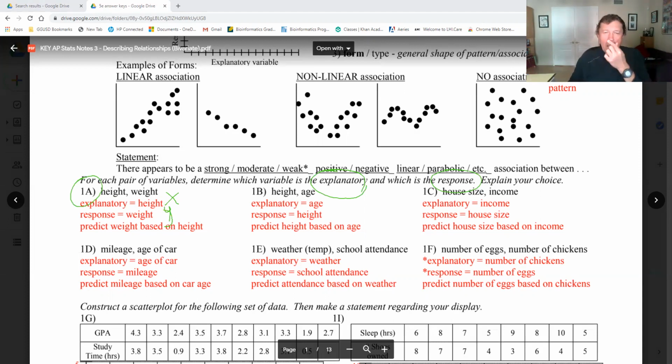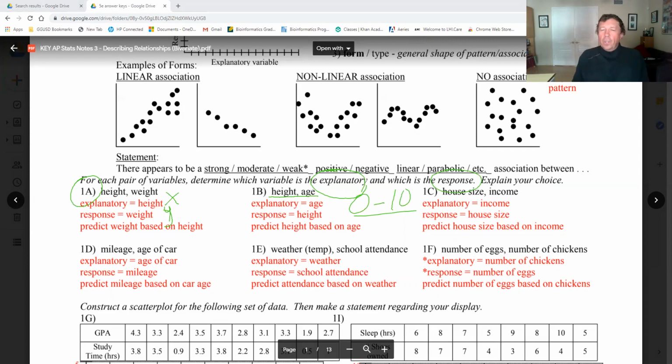Okay. Height and age, again, let's look at this from the aspect of children. As a kid gets older, think kids age 0 to 10. By the way, sometimes they have domain restrictions on these for stats. This only applies from age 0 to 10, right?